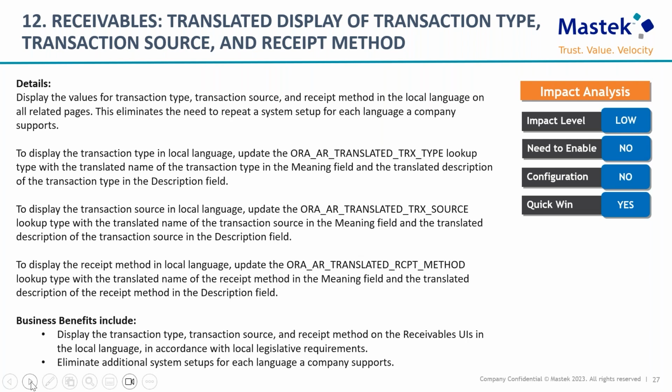To achieve this, we need to update the ORA_AR_TRANSLATED_TRANSACTION_TYPE, ORA_AR_TRANSLATED_TRANSACTION_SOURCE, and ORA_AR_TRANSLATED_RECEIPT_METHOD lookup types. These three lookup types need to be updated with the translated name in the meaning field and the translated description of transaction type, transaction source, and receipt method in the description field respectively.